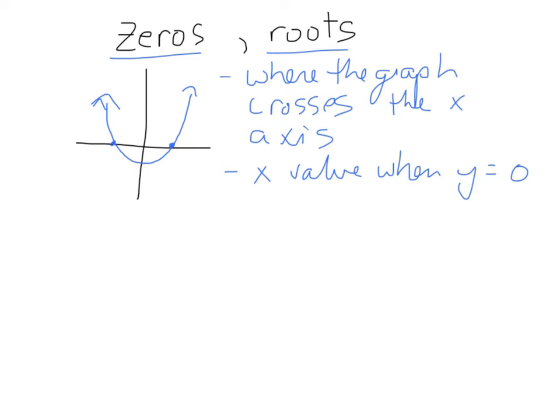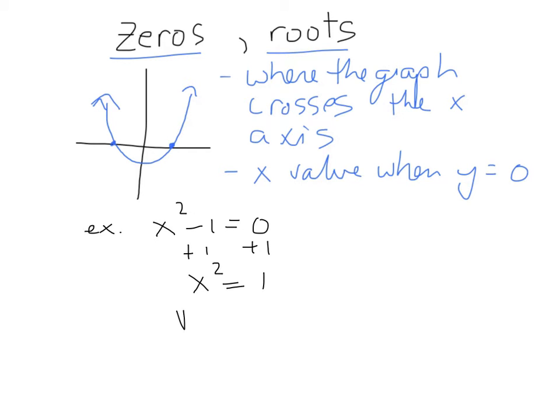So let's look at a simple example and find that. Let's say I have a function, an example here, x squared minus 1 equals 0. So I want to find out basically when this function equals 0. Now I'm going to add 1 to both sides. So I get x squared equals 1.